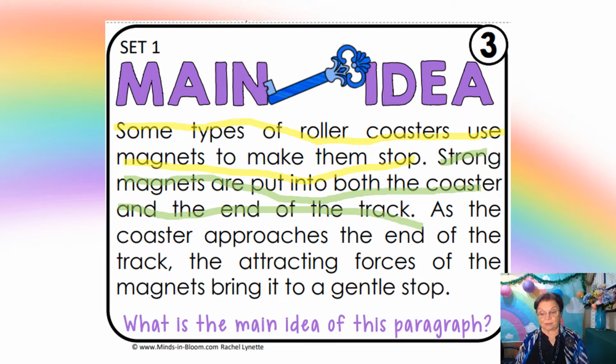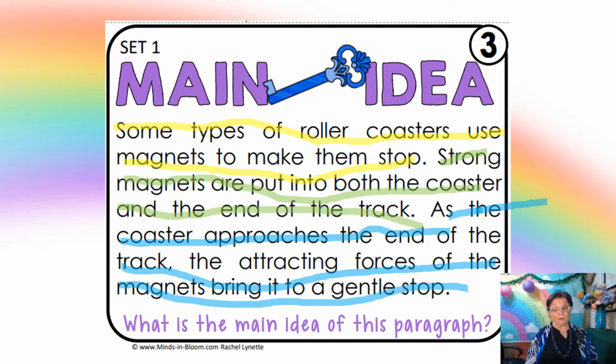Let's see if we have another supporting idea. As the coaster approaches the end of the track, the attracting forces of the magnets bring it to a gentle stop. That tells how the magnets bring it to a gentle stop. Now, in this paragraph, I was only able to find 2 supporting details, one in green and one in blue, but they're both about the magnets on roller coasters and how the magnets help the roller coaster stop.